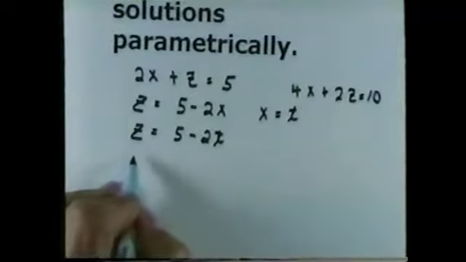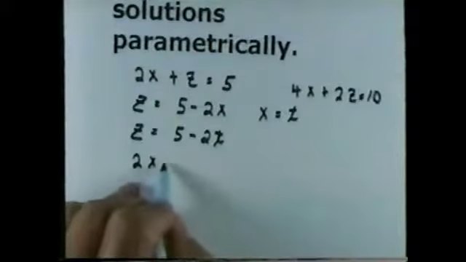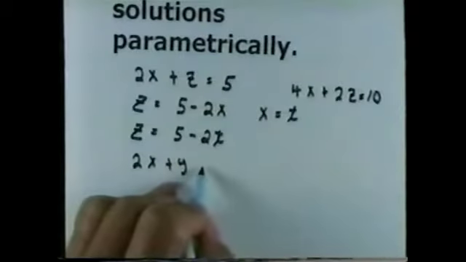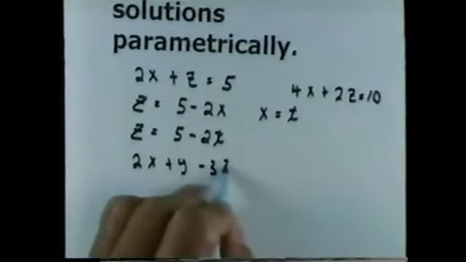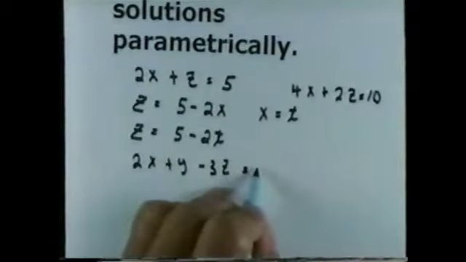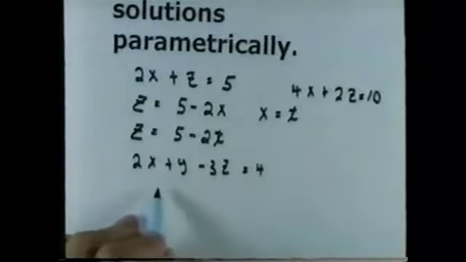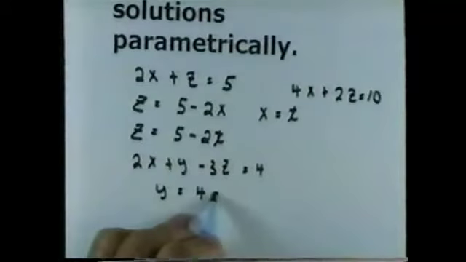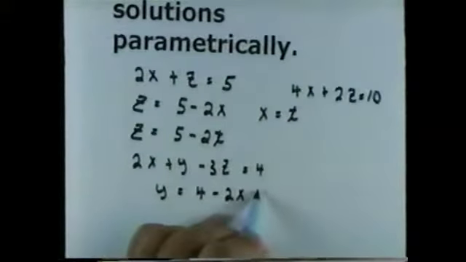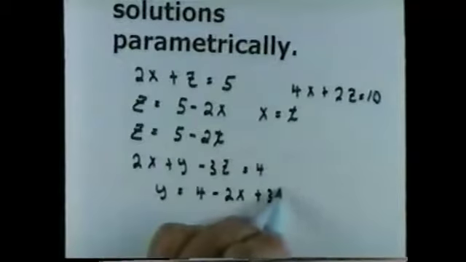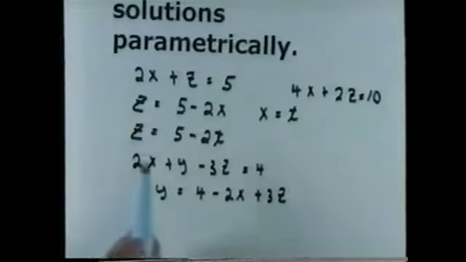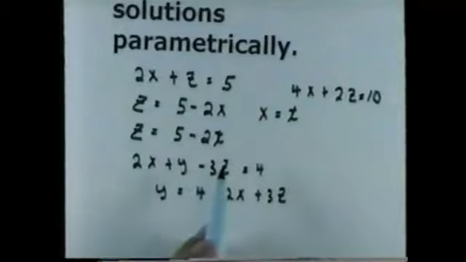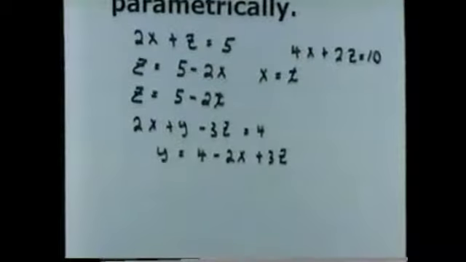Going back to the first equation, we have 2x plus y minus 3z is equal to 4. Or I have y is equal to 4 minus 2x plus 3z. Subtract 2x from both sides, add 3z to both sides.